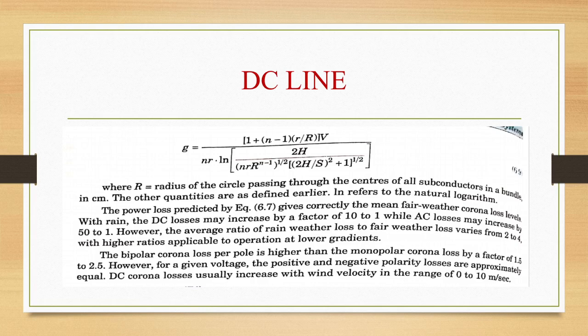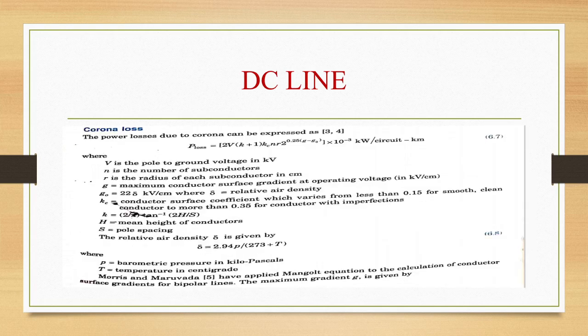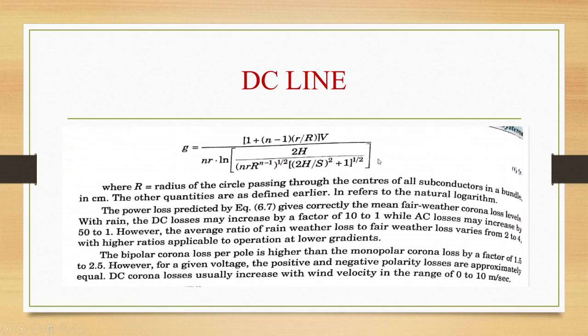The power loss predicted by equation 7, that is this P loss equation, gives correctly the mean fair weather corona loss levels. With rain, the DC losses may increase by a factor of 10 to 1, while AC losses may increase by 50 to 1.